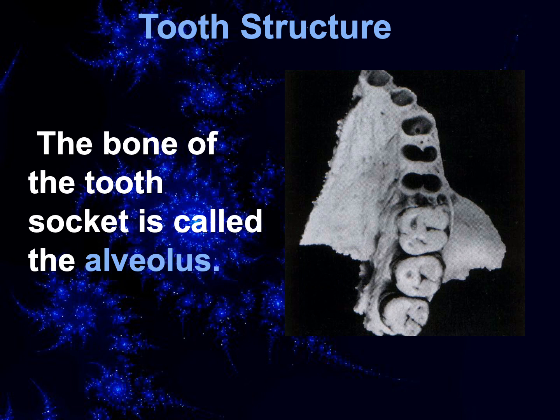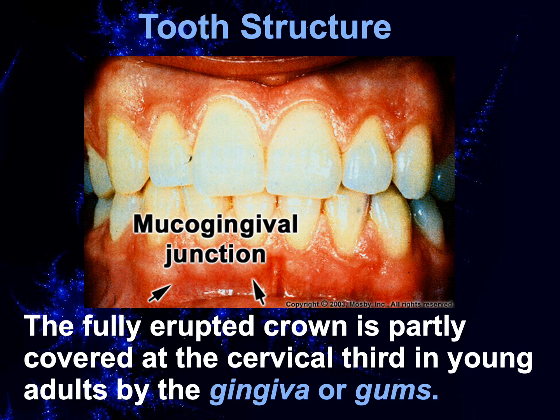The place where the tooth actually sits inside the bone is called a socket or alveolus. A fully erupted crown is partly covered at the cervical third in young adults by gingiva or gums. This red soft tissue is called the gingiva.